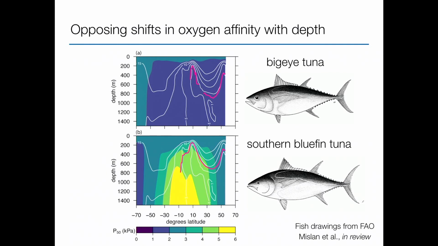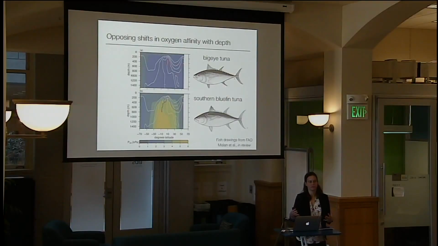Bigeye tuna, this is how they would perceive the environment. So this is showing depth and latitude, and then the white contours are the pressure of oxygen in the water, and the pink line here is the P50 depth. This animal is known to spend more time at deeper depths, and as it's moving up and down in the water column, P50 isn't really changing all that much. It's basically seeing the environment the same towards the surface as it would at deeper depths.